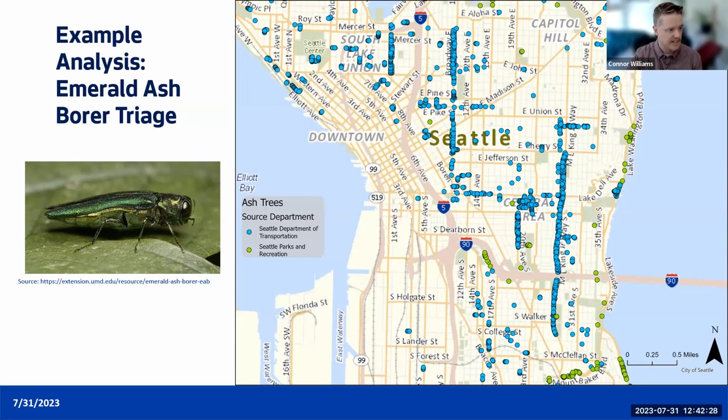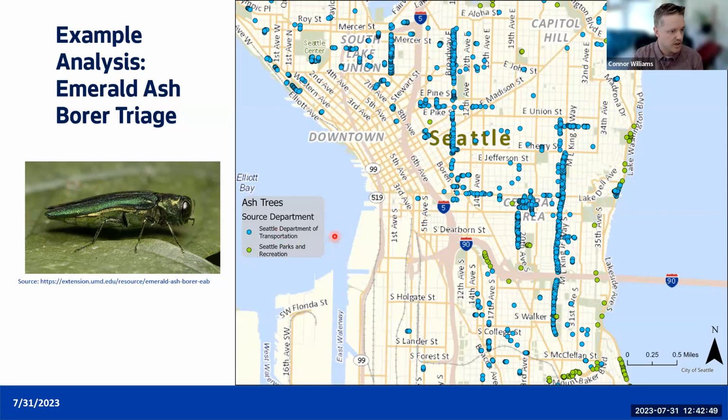We've even seen it in Oregon State in 2022. So tree managers in Washington State are very nervous that it's going to be coming to the area. And a map like this can help tree managers in the city really plan the work that they need to do if and when this pest arrives.